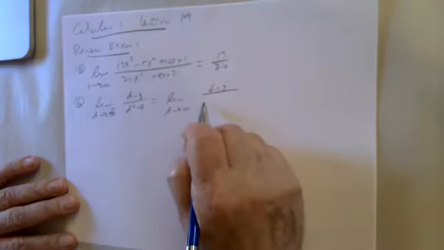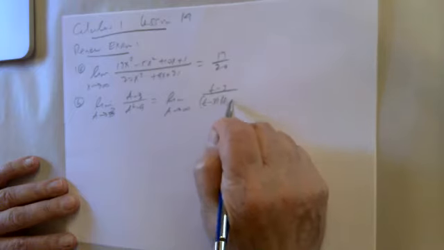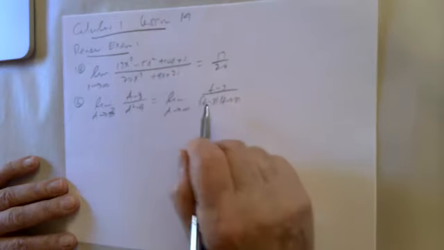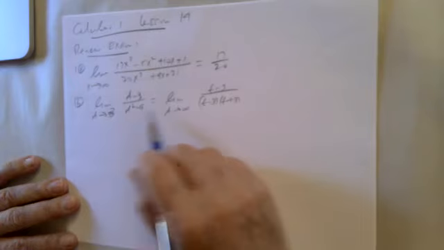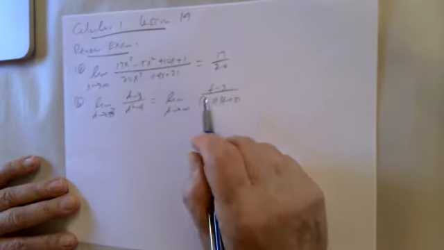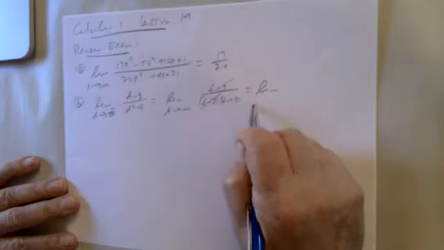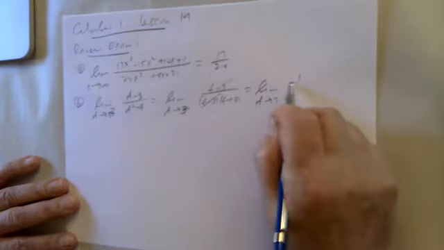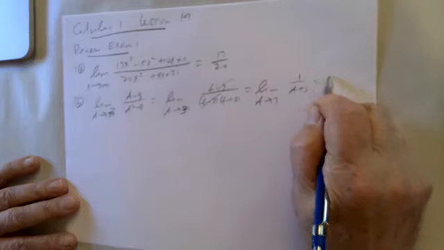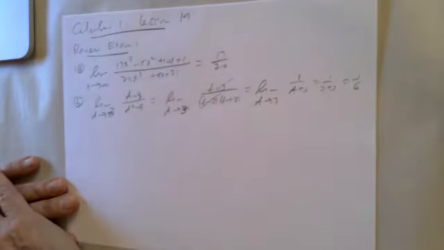But you remember or you figure out that t squared minus 9 is t minus 3 times t plus 3. And these terms cancel. So this is the limit as t goes to 3 of 1 over t plus 3, which is 1 over 3 plus 3, or a sixth.